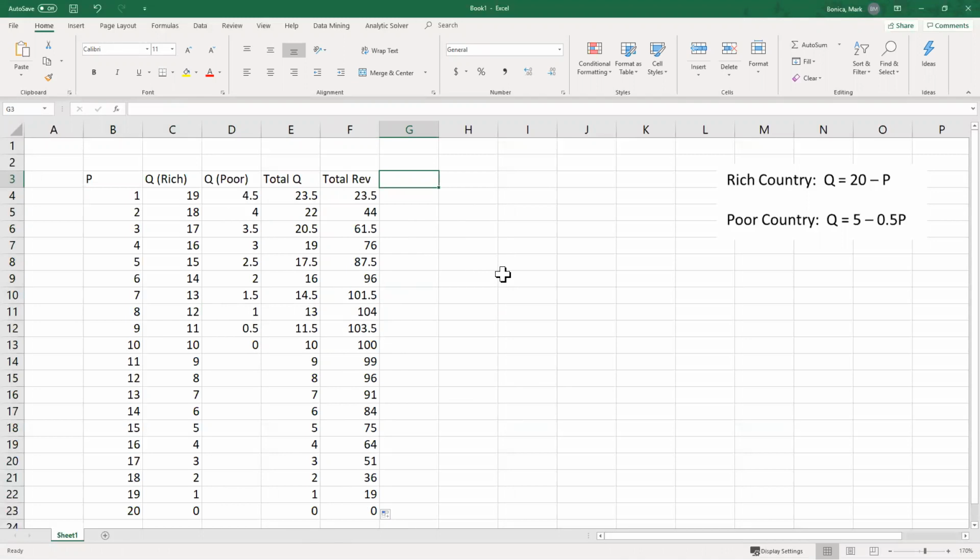And then profit will equal the total revenue minus the total cost. And like I said, I'm going to assume for simplicity's sake that cost is 0.5, so times the total quantity sold.